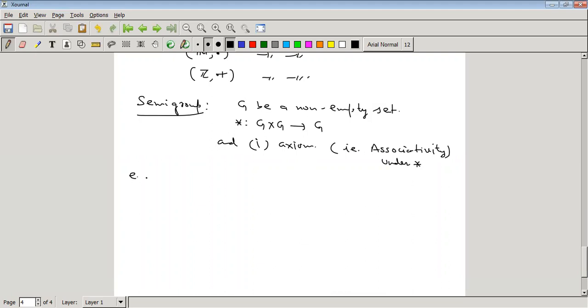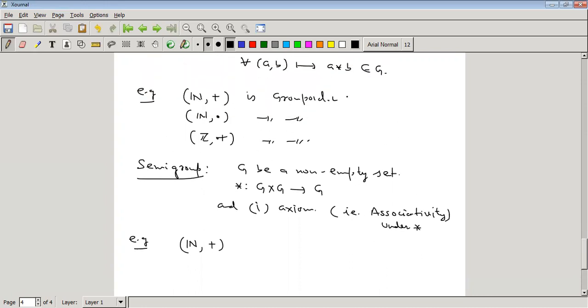So again, think about the same example, set of natural numbers with addition. It is a groupoid, we have already discussed. So the first property is satisfied. First is done, binary composition, it is true. Second, associativity.